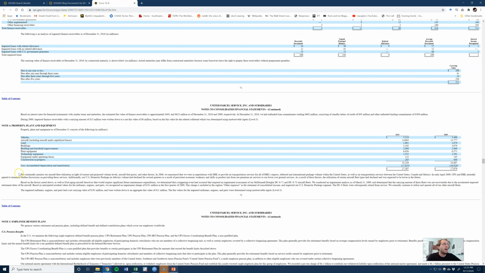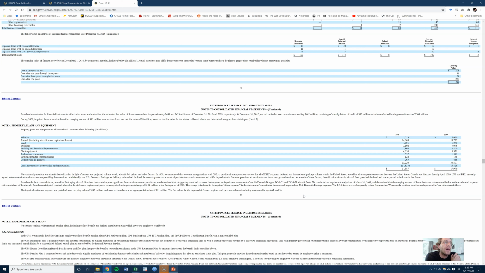They are talking about some of this in some of these footnotes. So as we're moving through, one of the things that we're going to have to do is read through all these footnotes as we're collecting our historical data, so that we understand what all these footnotes are reporting. So for instance, this footnote says, we continue to monitor our aircraft fleet utilization in terms of fuel prices and projected volumes.